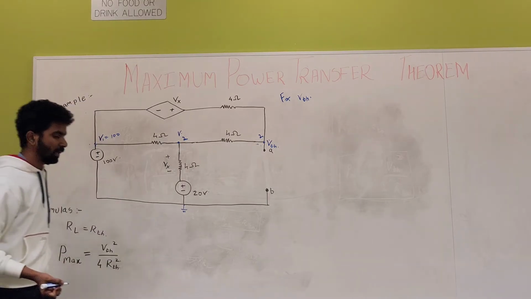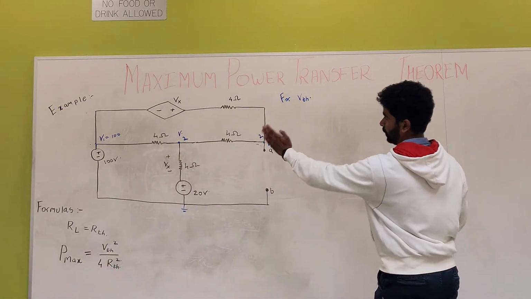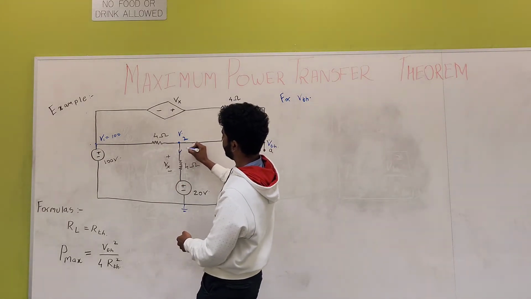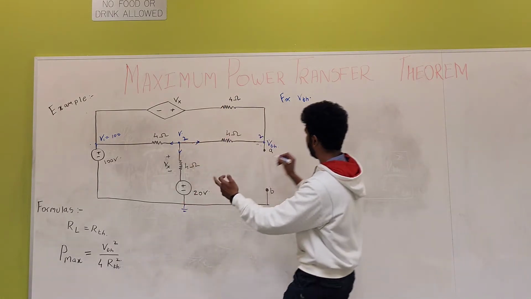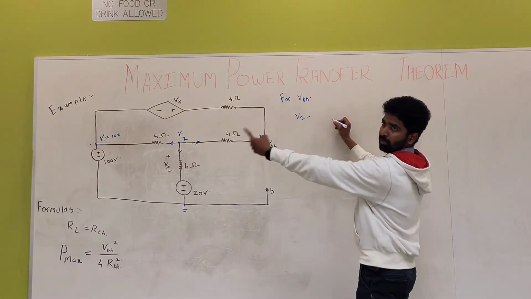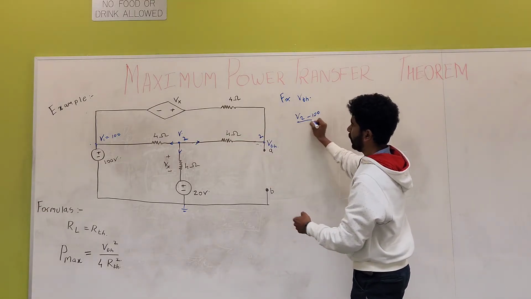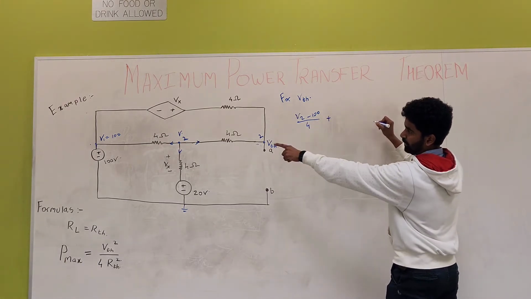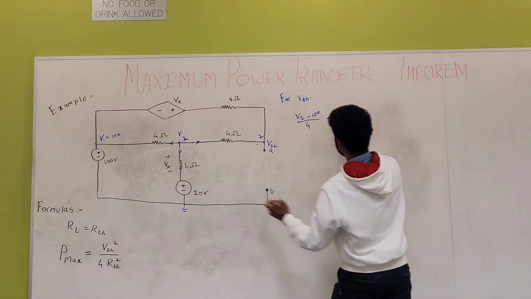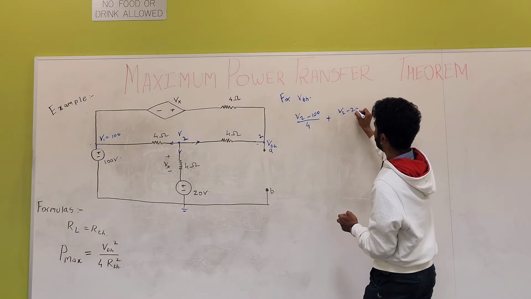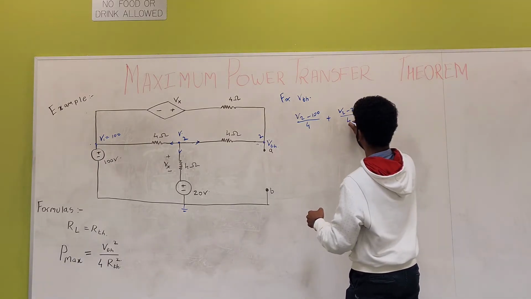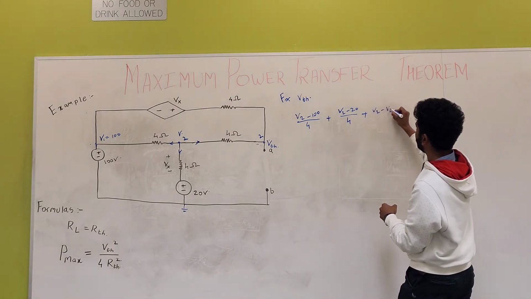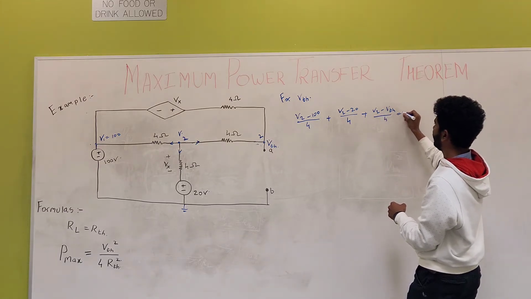So let's do the nodal analysis. For node 2, I'll take currents as going out from everywhere, so it would be V2 minus V1, which is 100, upon 4 ohms, plus V2 minus 20, because it's 20 volts, upon 4 again, plus V2 minus VTH upon 4 is equal to 0.